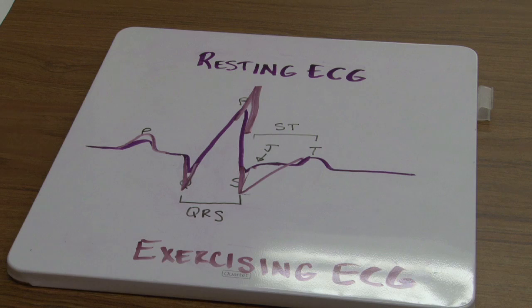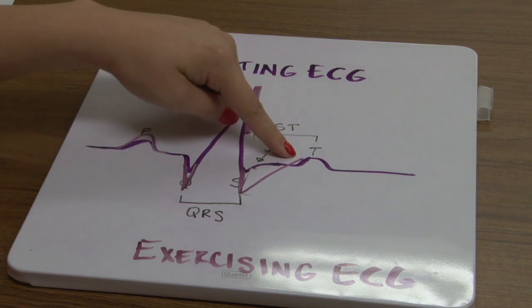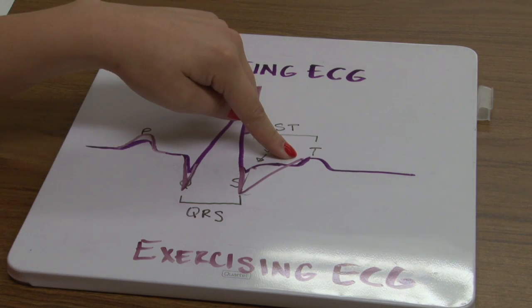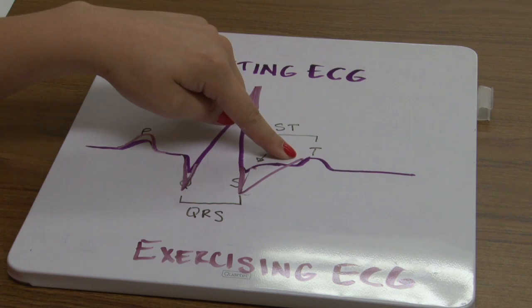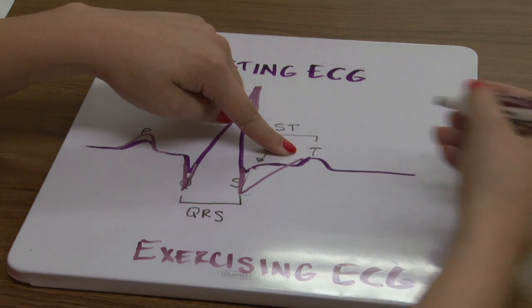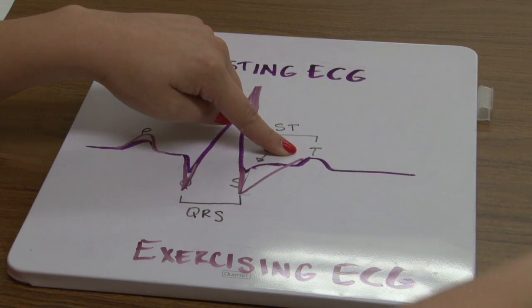Then when we look at the T wave, which is the recovery of the ventricles, we can talk about an absolute versus a relative refractory period. So time can decrease here in the relative refractory period. So time can shorten. And also, we're going to see this wave amplitude increase.